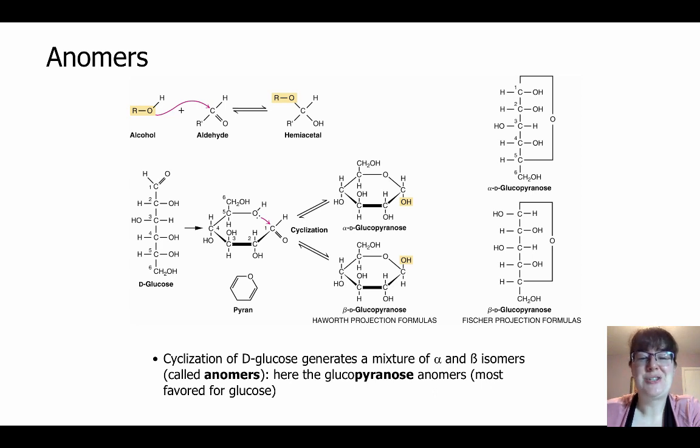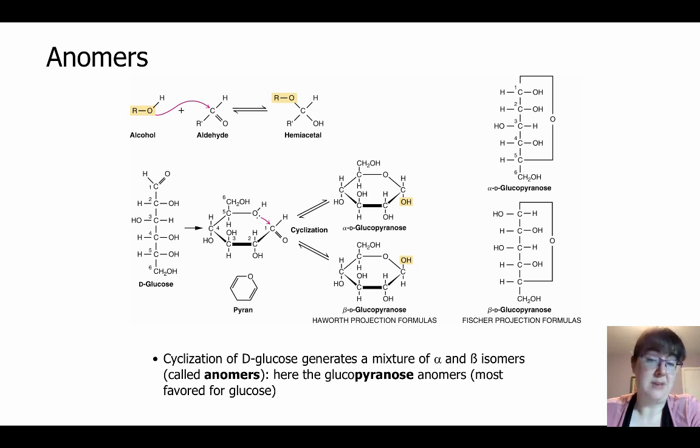Since we now have an additional asymmetrical center, we are going to have to add how we're going to describe these. If we are cyclizing glucose, and we were talking about our enantiomers, we're going to stick with D-glucose. When we cyclize this, we're now going to have 2 different options, alpha and beta.